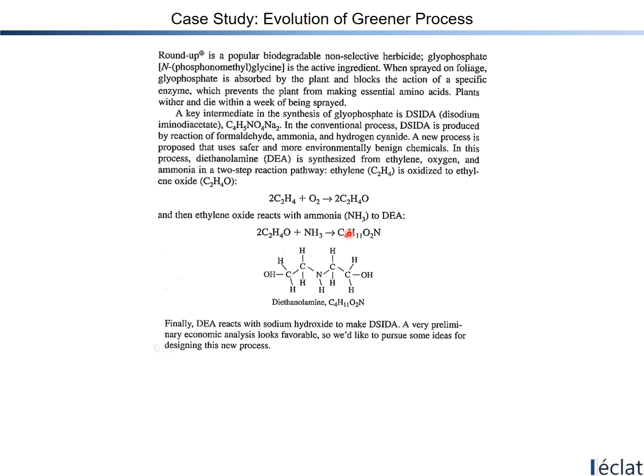So we have two reactions. Finally, DEA reacts with sodium hydroxide to make DSIDA, but we will focus on the generation of DEA in this problem. A very preliminary economic analysis looks favorable, so we'd like to pursue some ideas for designing this new process.